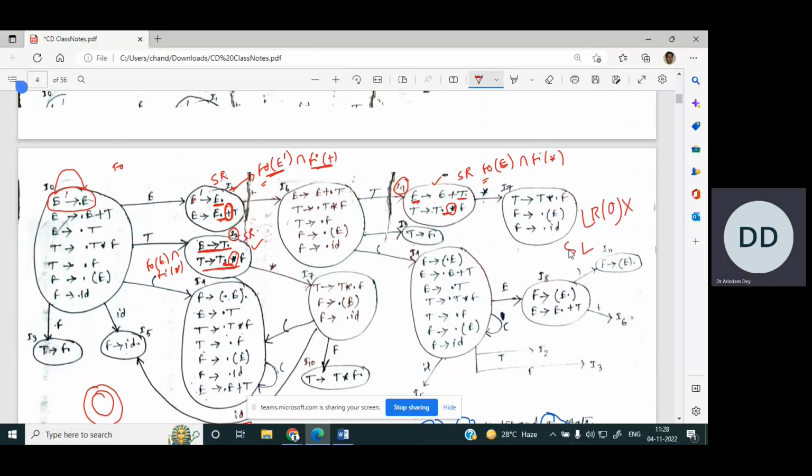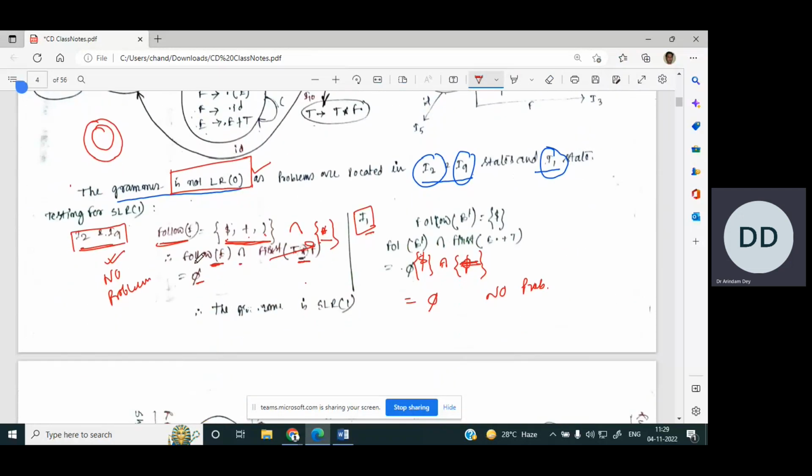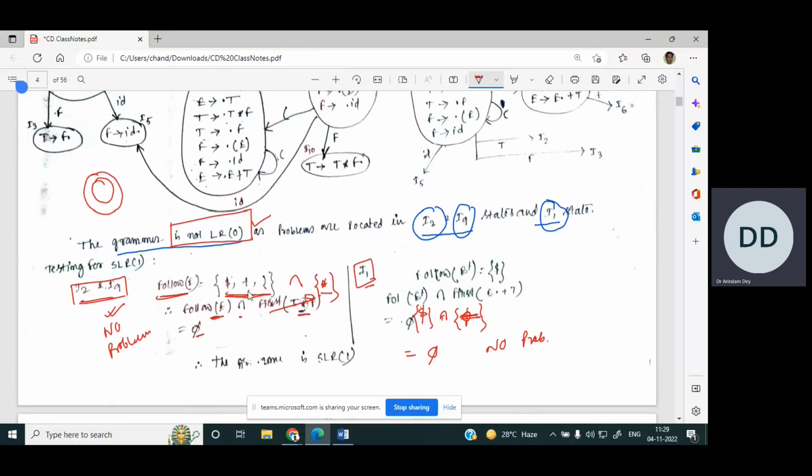Now we go for checking SLR1. Under SLR1, with the three conflicts that we had, we applied the rules and found that for all the cases it is fine. So that means we can tell the grammar is SLR1, no problem with that. I hope the idea is clear.